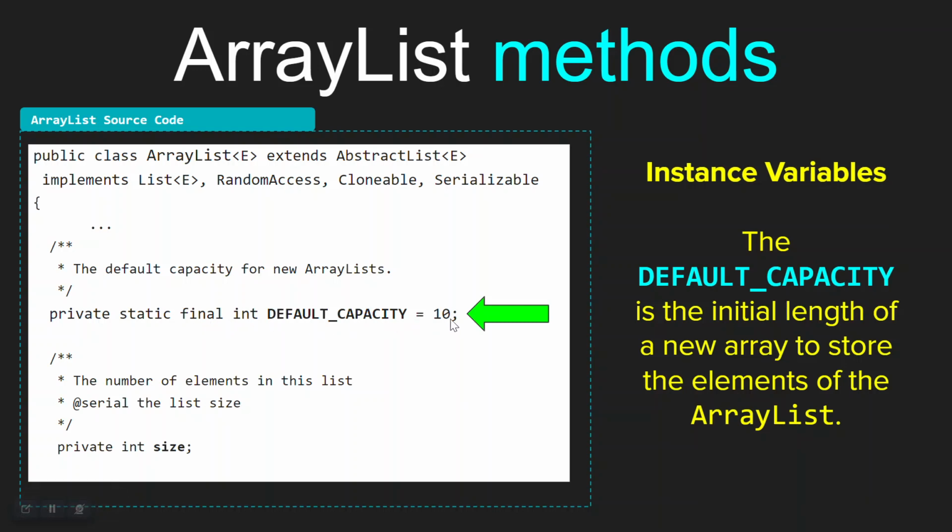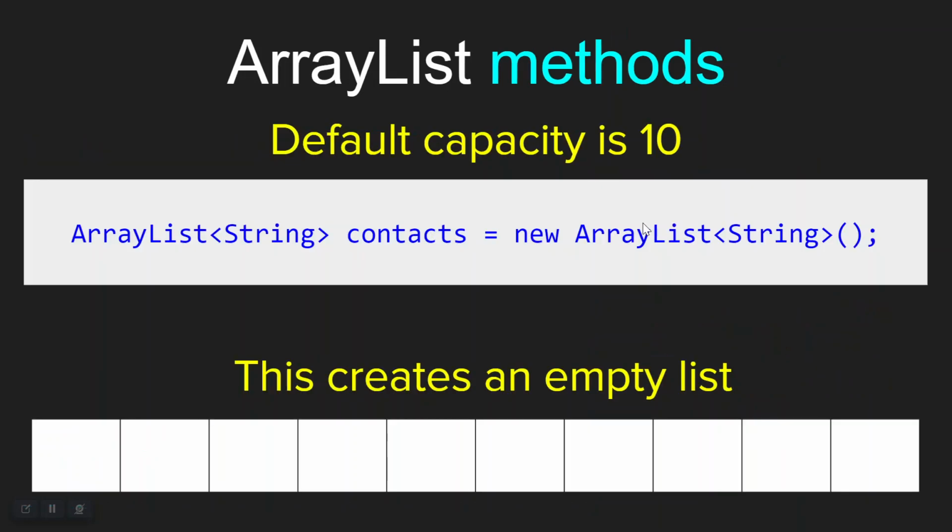So what this tells us is anytime we create an array list, it automatically reserves 10 spaces. We're going to look at how this plays out in this next one. Here I have an ArrayList of Strings called contacts, and I've initialized it, equals new ArrayList of Strings. So this creates an empty list of 10 spaces because again that default capacity is 10.